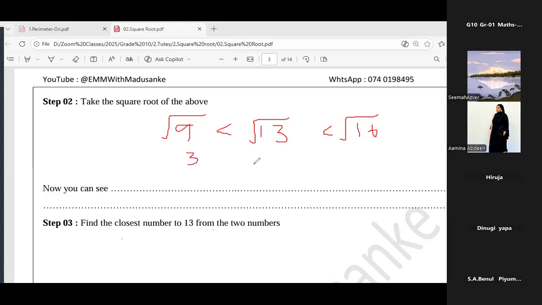It is 3. You do not know the square root of 13. That is the thing you are going to find out. Keep it as it is, square root of 13. And you know what is the square root of 16? It is 4. Write this thing.